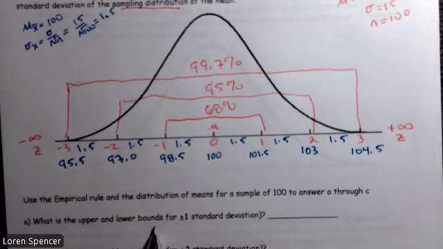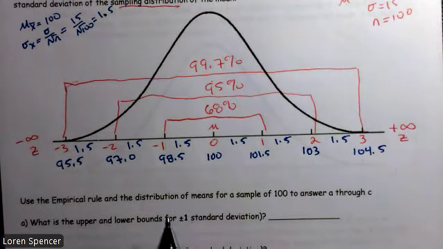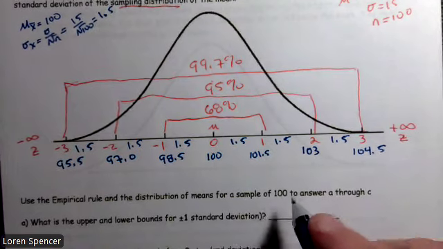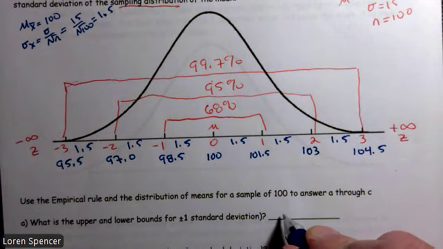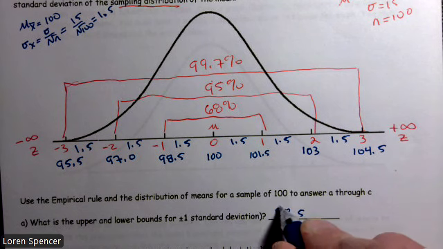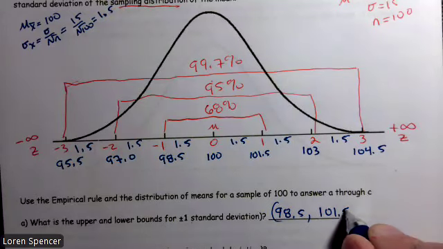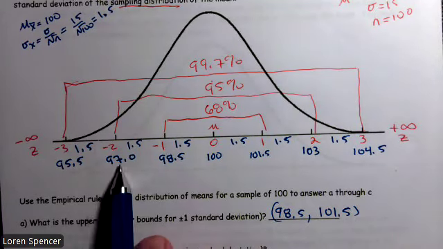What are the upper and lower bounds for plus or minus one standard deviation? Well, the upper and lower bounds are 98.5 and 101.5. What are the upper and lower bounds for plus or minus 2?